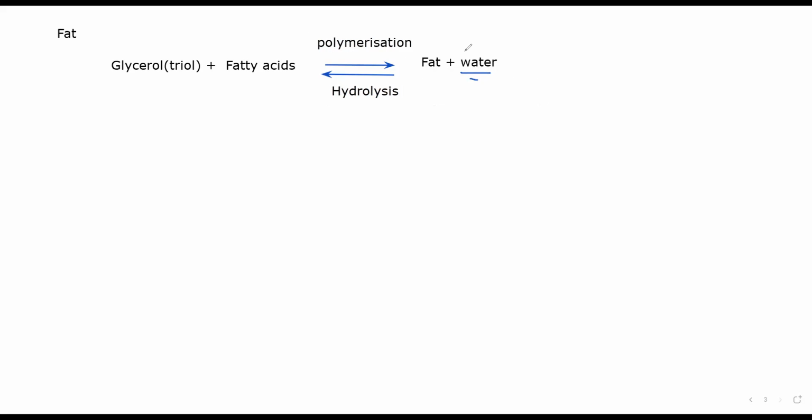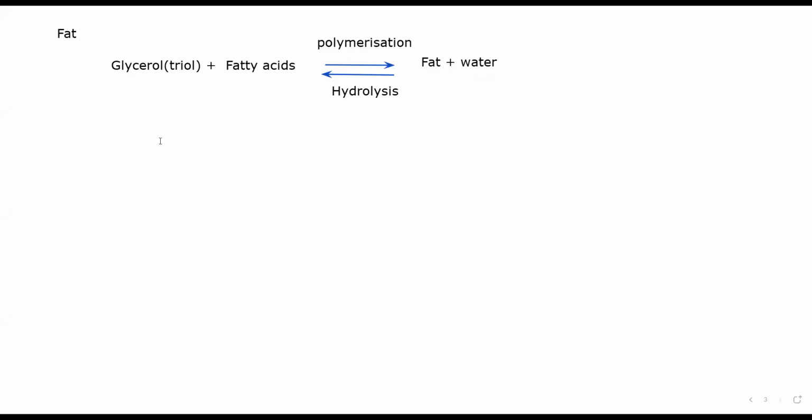What is the reason, the chemistry behind that? Because when you are drinking lots of water, the water molecules help to hydrolyze this fat and break it down into smaller molecules. So forward reaction is polymerization, reverse reaction is known as hydrolysis. So when glycerol, which is triol, is reacting with fatty acid, it results in a formation of fat plus water.